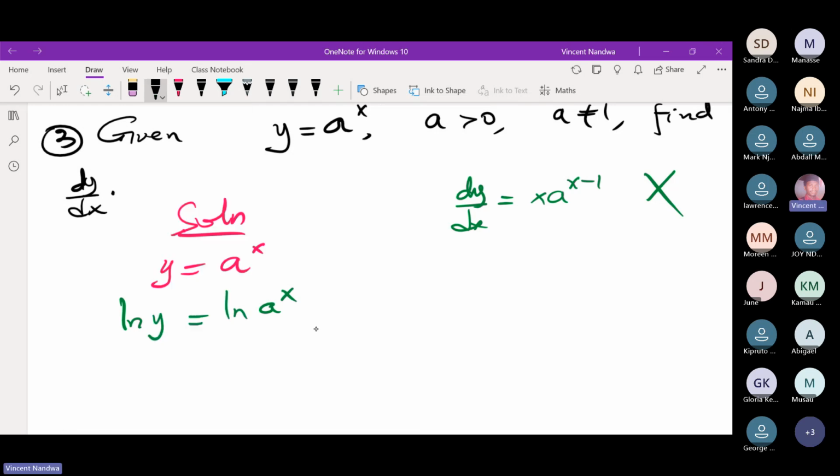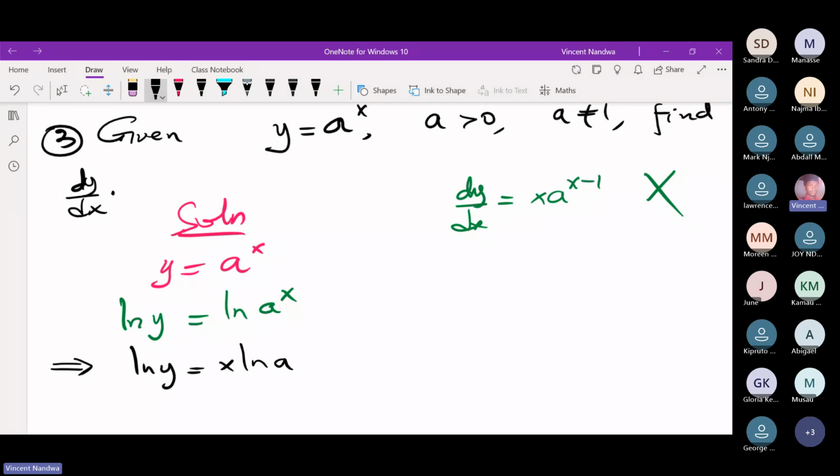Then what is another way of writing the right-hand side, ln of a power x, using laws of logarithms? x ln a, correct.